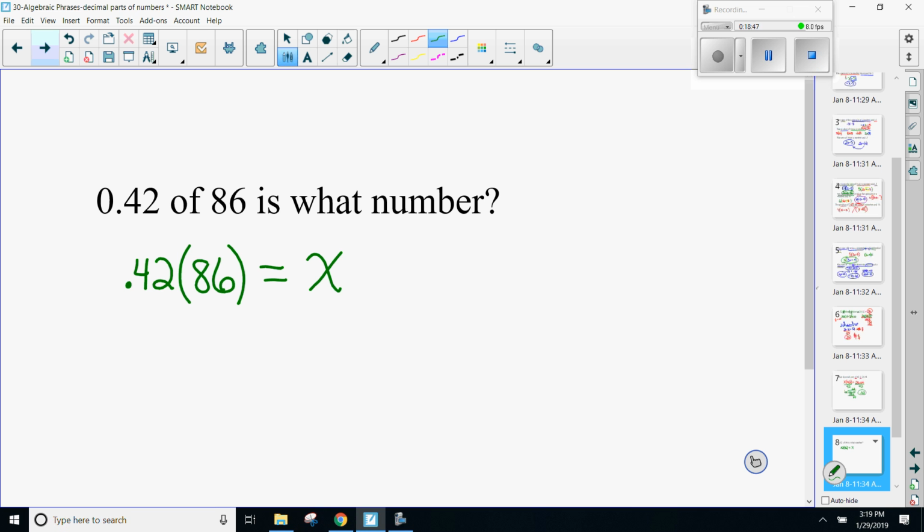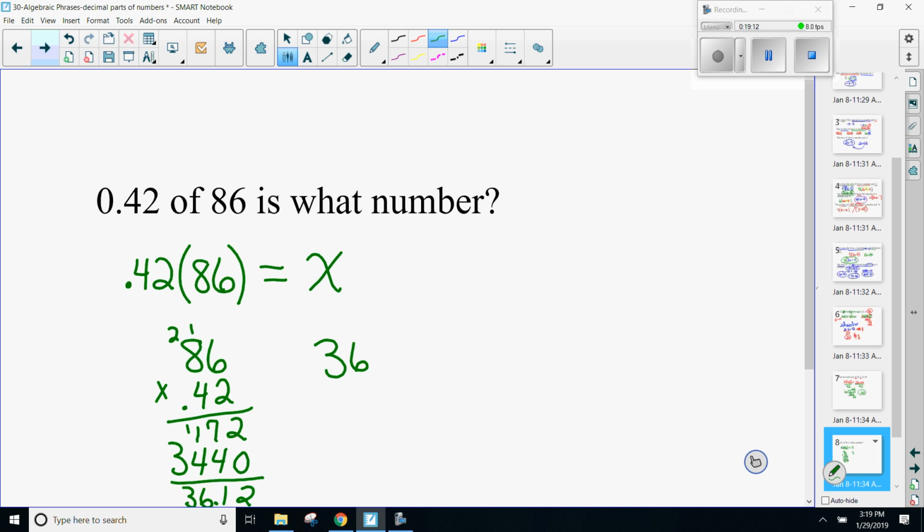You just multiply the two numbers together. 86 times 42 hundredths. 36 1200ths.